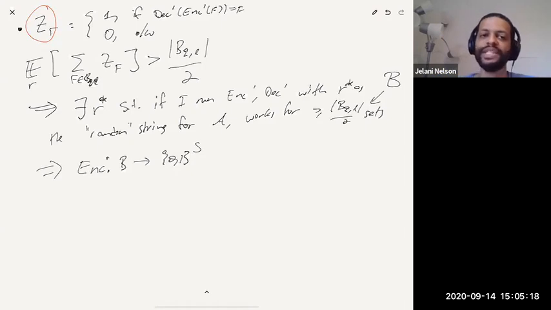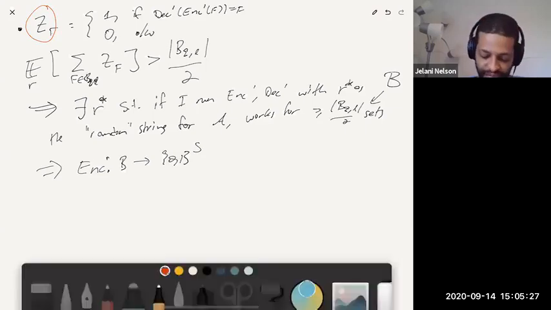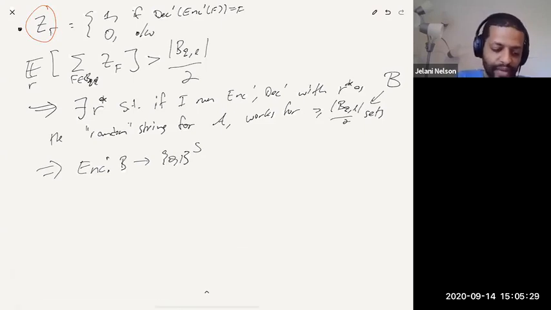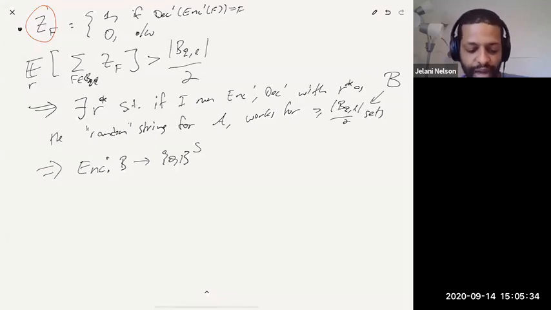Which means when Z_F is 1, it means I succeeded in recovering F. So for any fixed F, this scheme works with probability more than a half. And then I use linearity of expectation to argue that, in expectation over the random choice of R, it will work for more than half the sets. So by averaging, there must exist an R that works for more than half the sets. Not everyone can do worse than the average, right? Someone has to achieve at least the average.